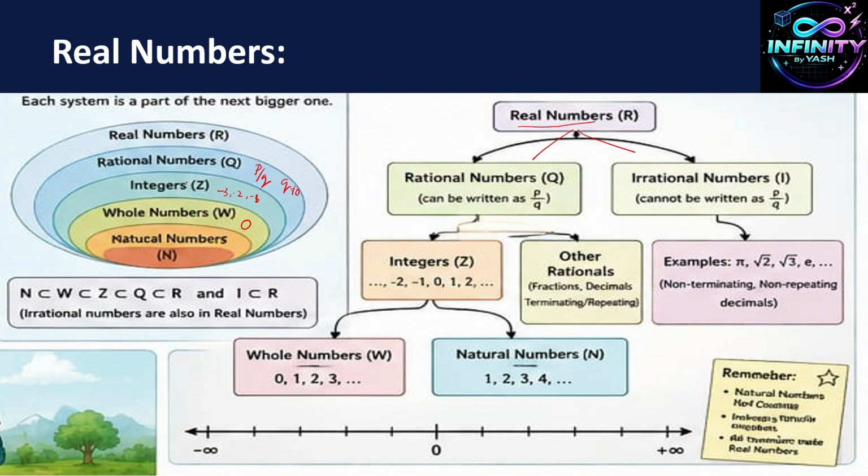Even terminating and recurring decimals are also considered rational numbers, and all rational numbers and irrational numbers are considered real numbers.